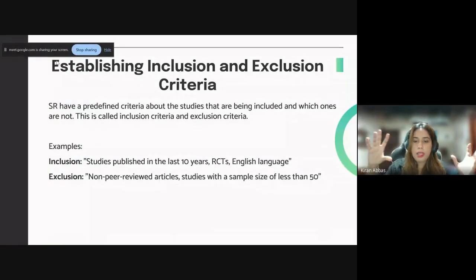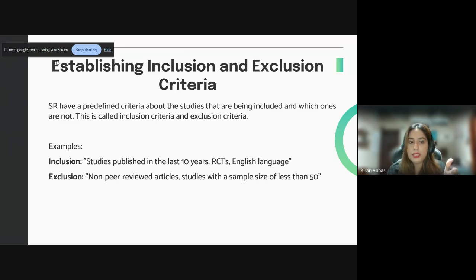Imagine if you have a box where you want to keep certain memories, and you want to exclude certain memories which upset you. You just throw them out of the box, right? So that's exactly what you're doing. You're trying to filter out the studies that are not relevant, and you want to make sure that you include the studies that are relevant to your question, right?